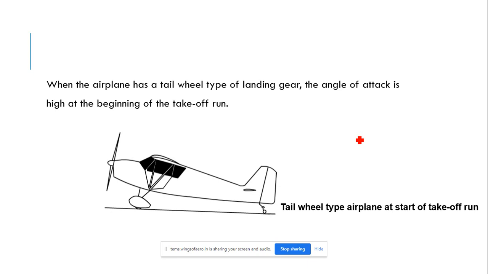When the aircraft reaches some particular speed, the tail will lift off first. After that, when it reaches the takeoff speed, we deflect the elevator so that the tail is brought down and the aircraft pitches up, so that the aircraft has the required amount of climb.